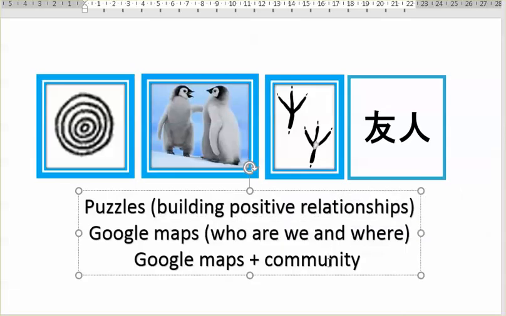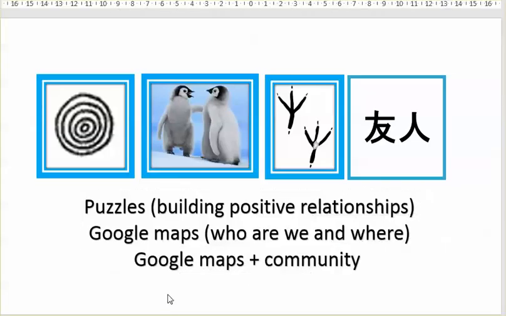And then even from Google Maps, you can move on into more detailed ways of analyzing the globe in terms of looking at the particular communities that you identified as speaking a particular second language of your interest.